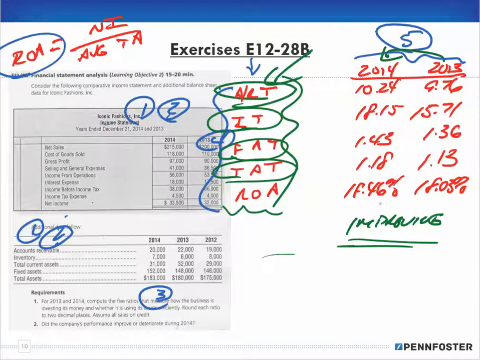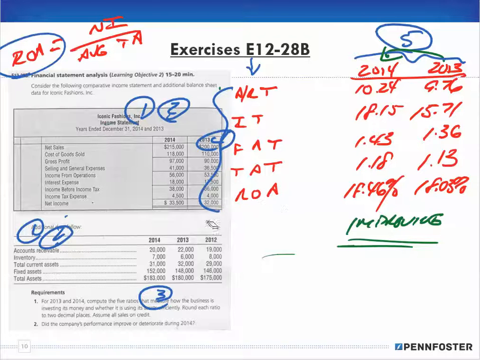but not all situations are going to be this easy, okay. By looking at all of the different numbers, it's going to take some thought about the particular company in order to be able to answer the question, how is the business investing its money and whether it is using the money efficiently.